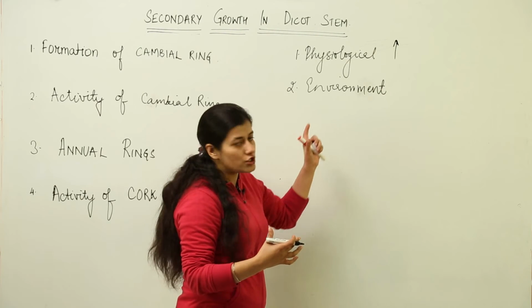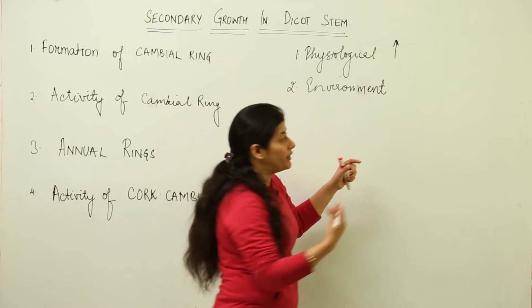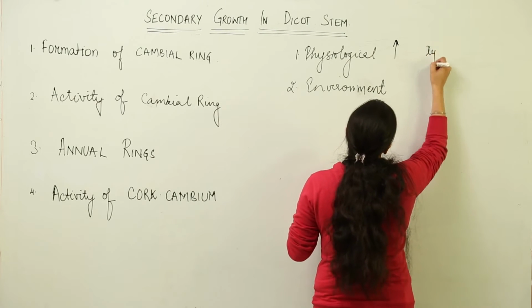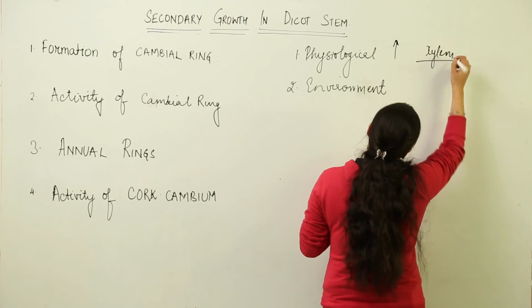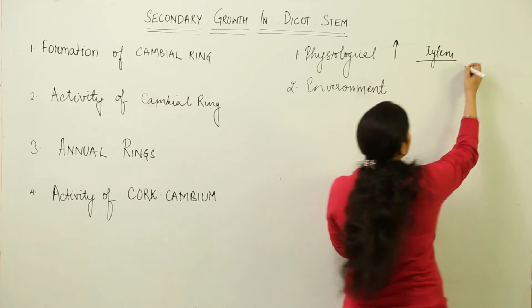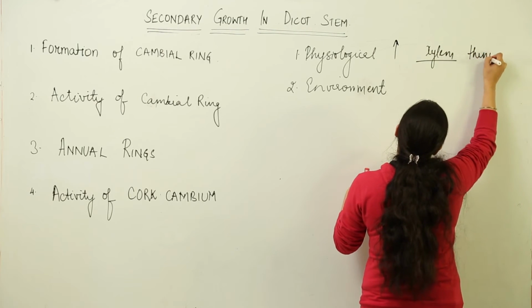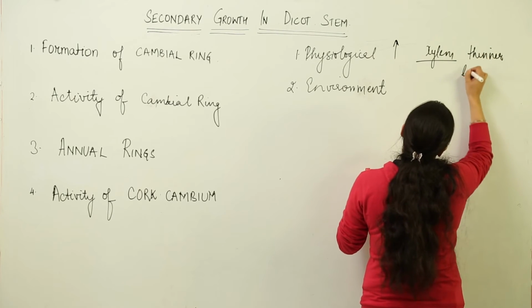So, the formation of xylem is much more rapid. The xylem that is formed has a larger diameter and thinner walls. Because it has thinner walls, it is lighter in color.